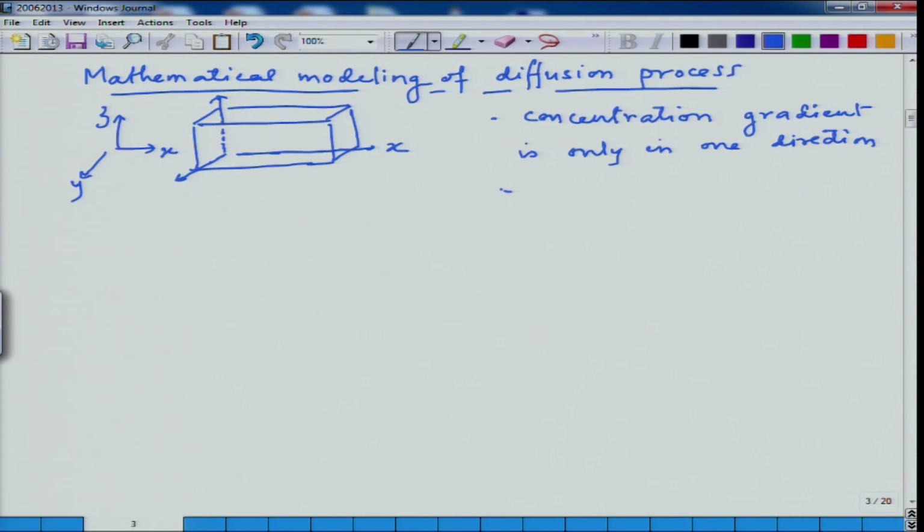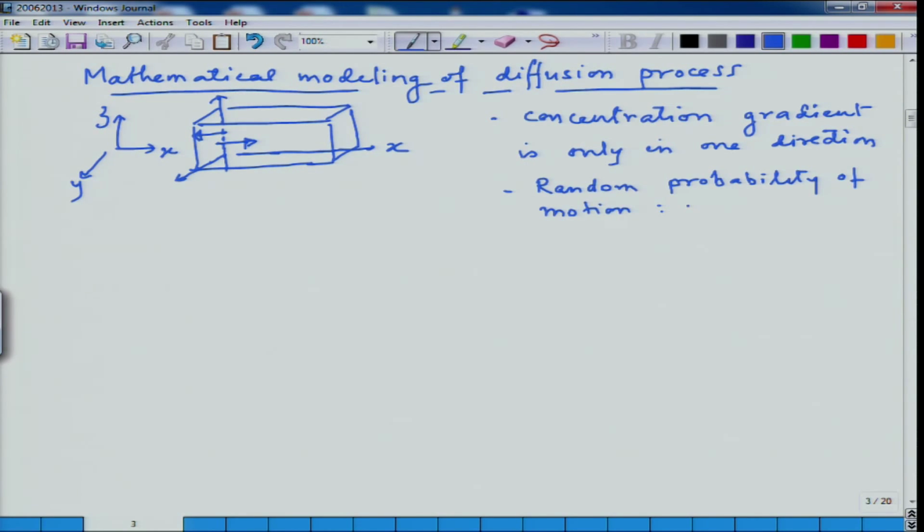We also assume that there is a random probability of motion, which means that in the x direction, at any particular point, the number of particles moving in the right direction and the number of particles moving in the left direction is exactly the same because of this random probability of motion.